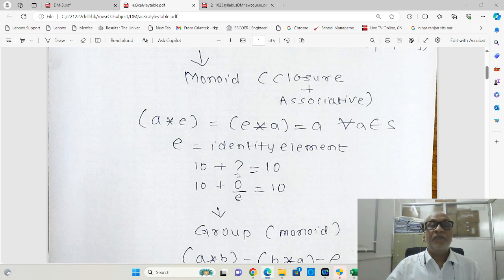For example, 10 plus question mark is equal to 10. Here the question mark is the identity element we want to find out. So, 10 plus what will be equal to 10? Naturally, it is 0. So, for this case 0 is the identity element.